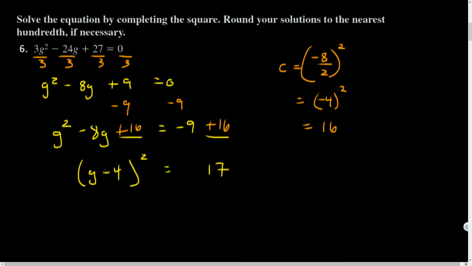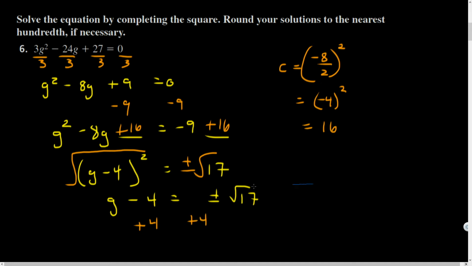All right. Now to solve for g, my g's are looking like y's. It was going to slowly evolve over time there. Root both sides, plus or minus. Don't forget it. And I get g minus 4 equals plus or minus the square root of 17. I cannot simplify that radical, but now I can just add 4 to both sides.